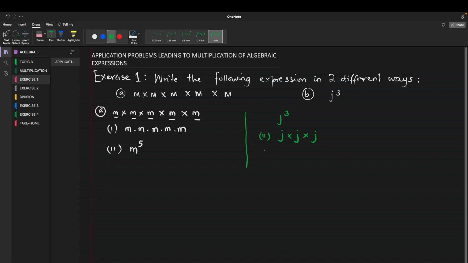And the second way to do that would be j dot j dot j. So don't be confused. In the future, you might see these terms expressed in many different ways, like we've explained.